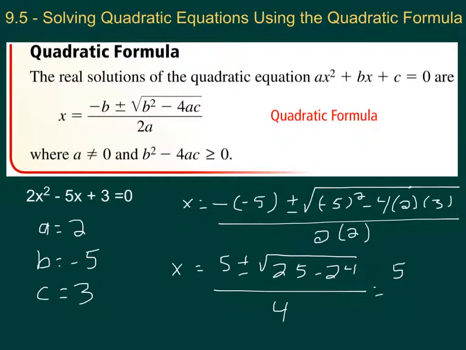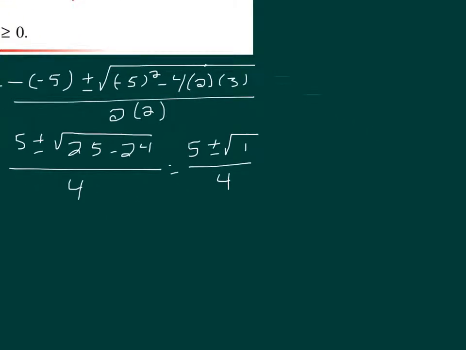Now I can notice that my square root there becomes 25 minus 24, which is going to be the square root of 1 over 4. And now I'm going to simplify that, because the square root of 1 I can say that that's 5 plus or minus just 1 over 4.